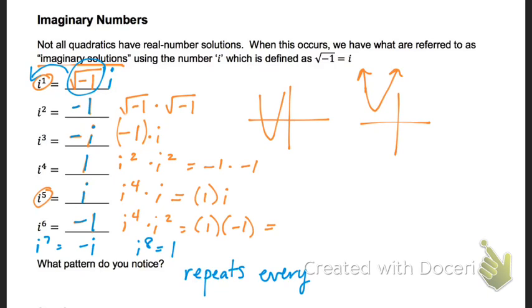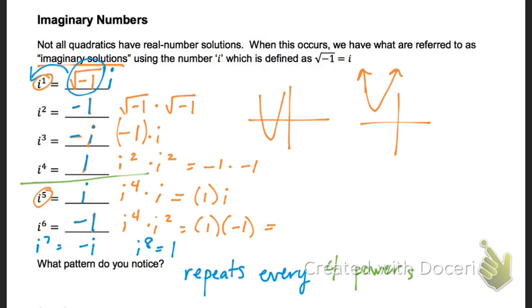So it cycles through every 4 powers, or every 4 exponents. So the pattern is i, -1, -i, 1, i, -1, -i, 1. And every 4th power is going to be the same.